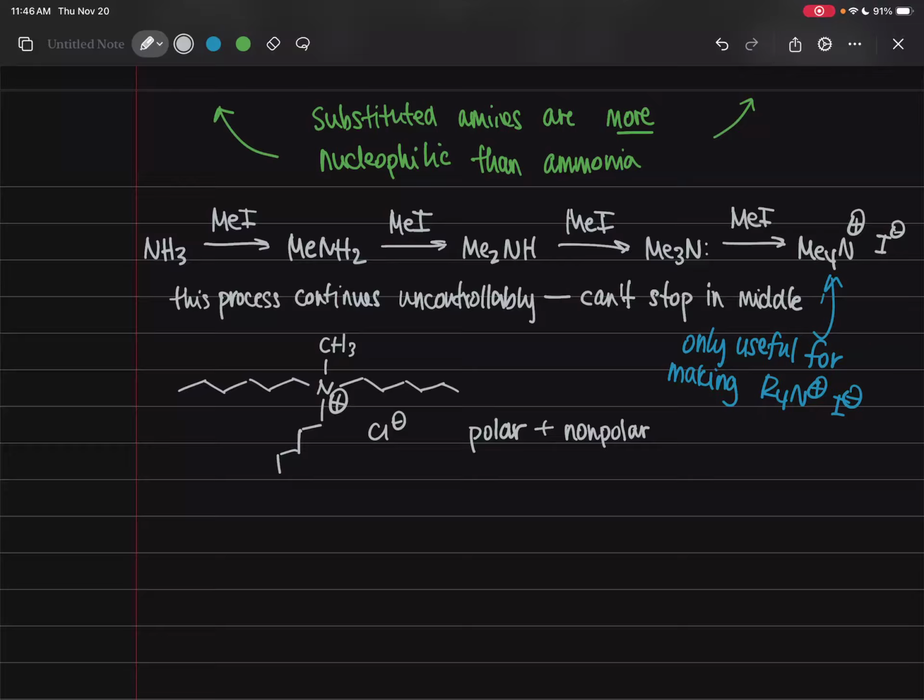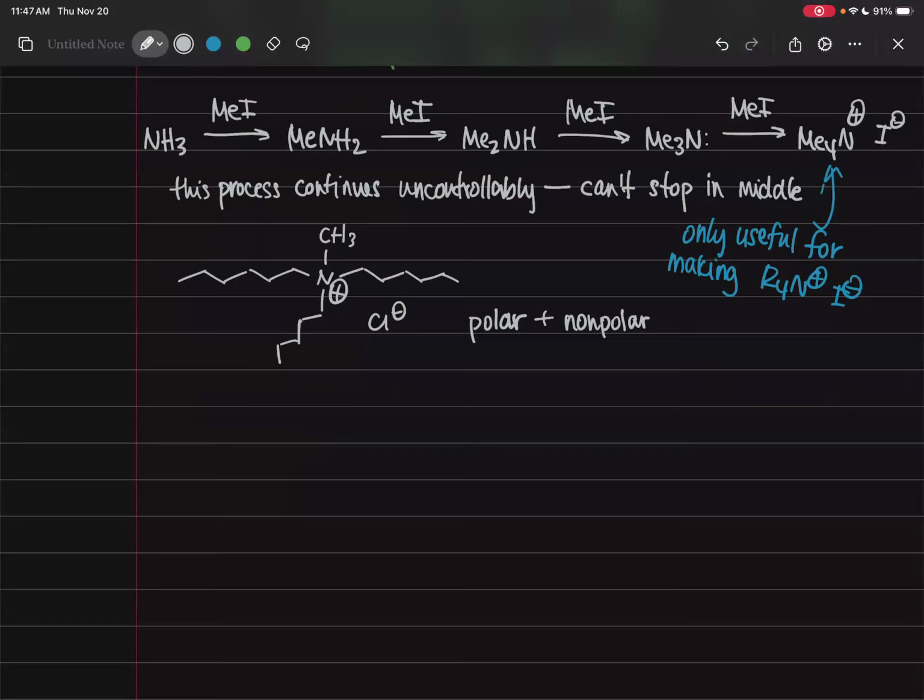So if you take a 2-phase mixture and add enough of this stuff, you can actually get the two layers to mix together. So you can get water and an organic solvent to make one phase. Still, it would be kind of hard to make with this reaction because you've got different alkyl groups, but whatever.